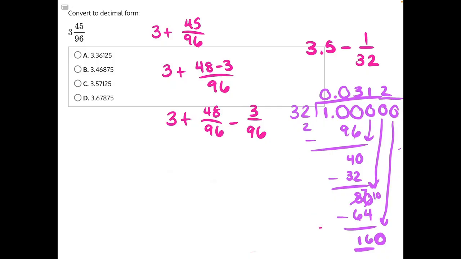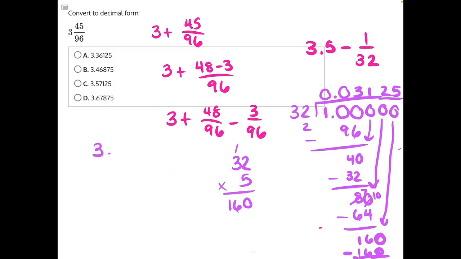So if I'm looking at 160 and 32, that means that likely 5 times 32 will give me 160. 5 times 2 is 10, carry the 1. 5 times 3 is 15, plus 1 is 16. So 5 is the last digit of that decimal because there is no remainder when we subtract here.